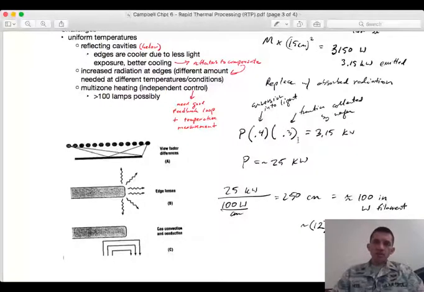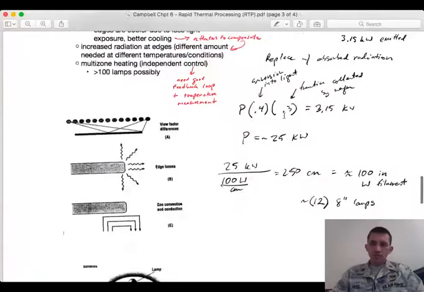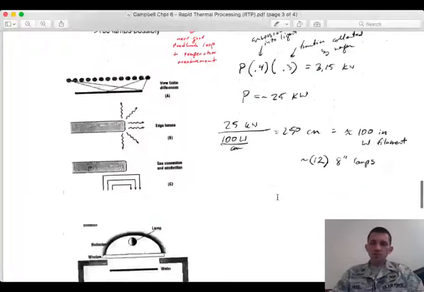And then we'll say our reflectors are able to direct 30% of what's produced to our wafer. And so we need to end up with this much. So accounting for those losses, if you divide these, you get about 25 kilowatts of power required.